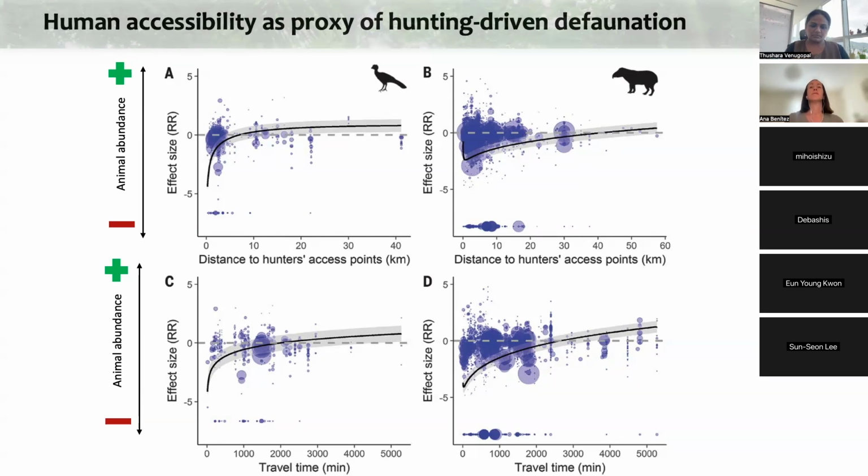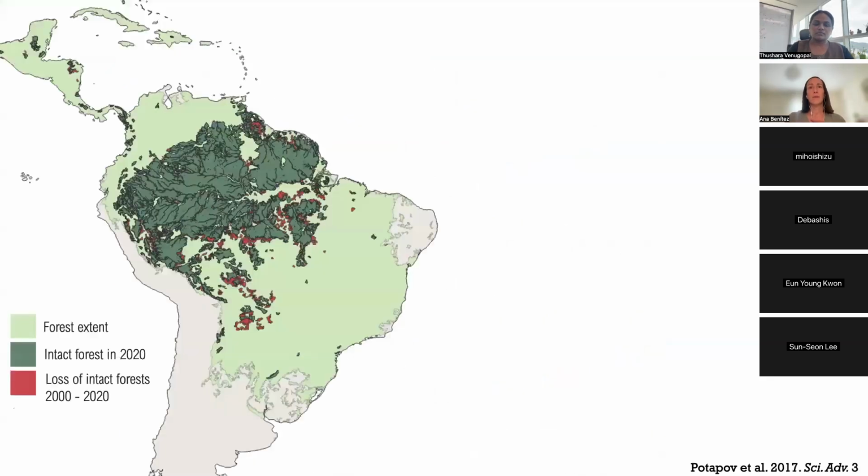Okay, so this is nice. We know more or less what's going on in hunted sites, but how can these spatial patterns of defaunation be mapped across the tropics?